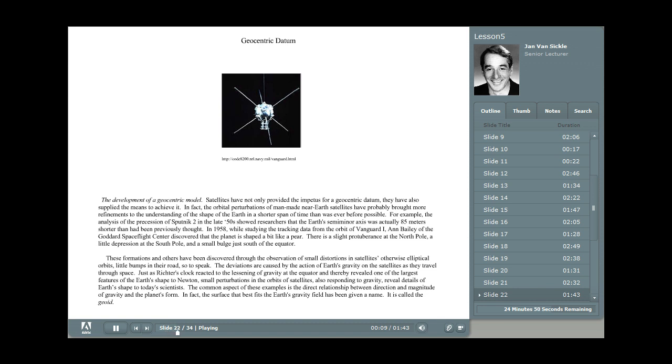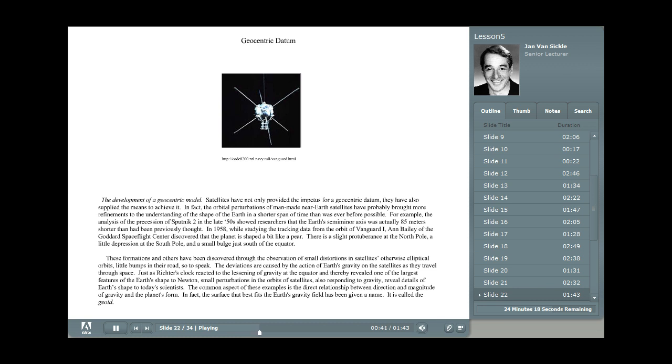Now, while the satellites that we use today, GPS satellites, allow us to do positioning of the type we're discussing, they've also contributed a great deal to our understanding of the shape of the Earth. The changes in the orbits of satellites ever since Sputnik and Vanguard have given us more information about the details of this oblate ellipsoid that our planet is.